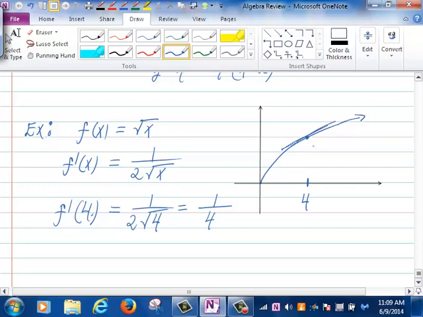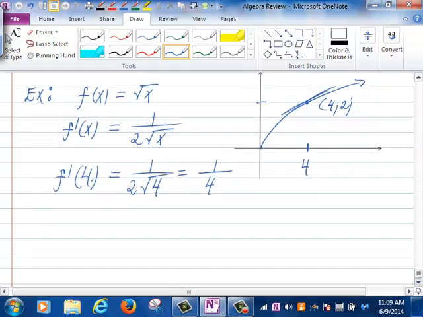Now, what is the height of this point? If 4 is the first coordinate, then what's the height? The height would be 2. So that's the point where I want to find the tangent. So the equation of the tangent at the point where x is 4 is what?